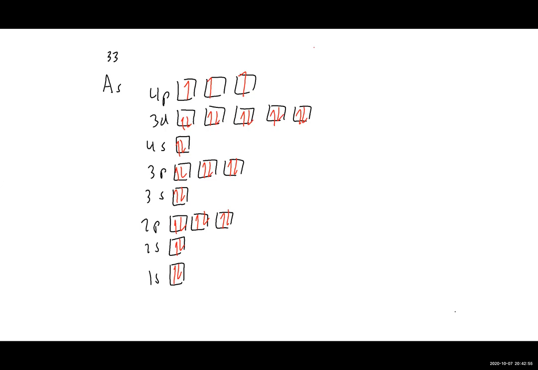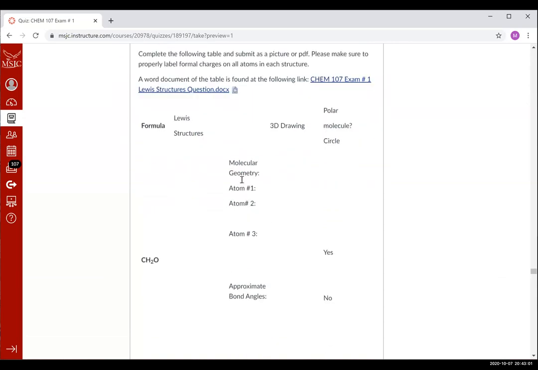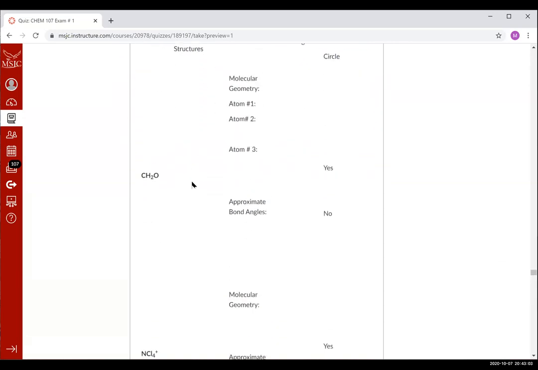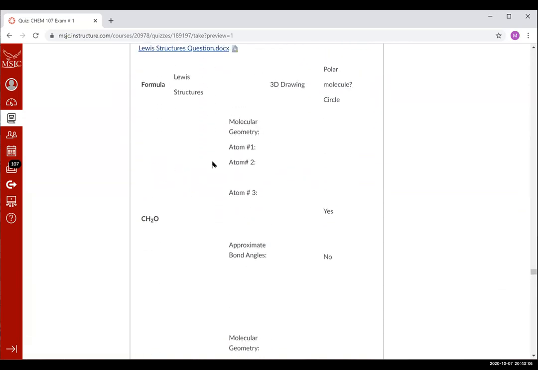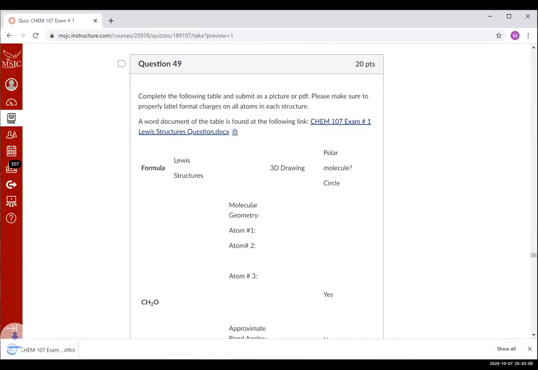Okay, so let's look at another example. In question 49, we're asked to draw a series of Lewis structures. So what I'm going to do is pull this up into OneNote. Give me 1 second to do that.